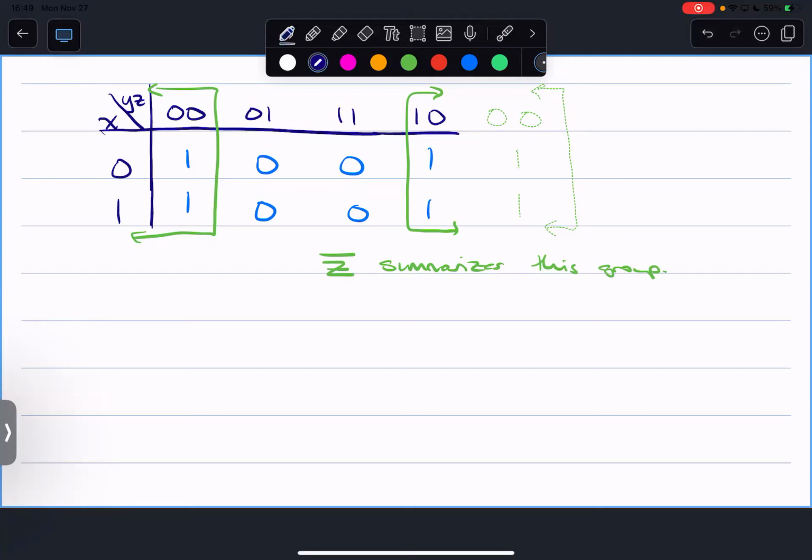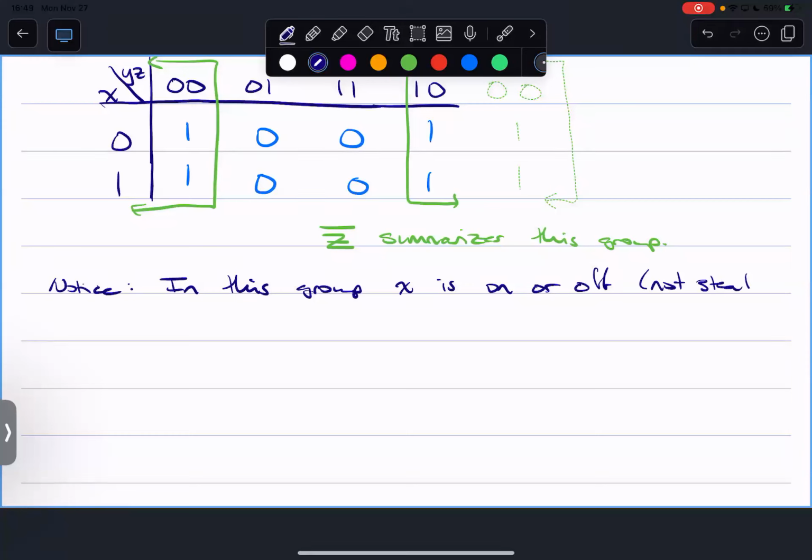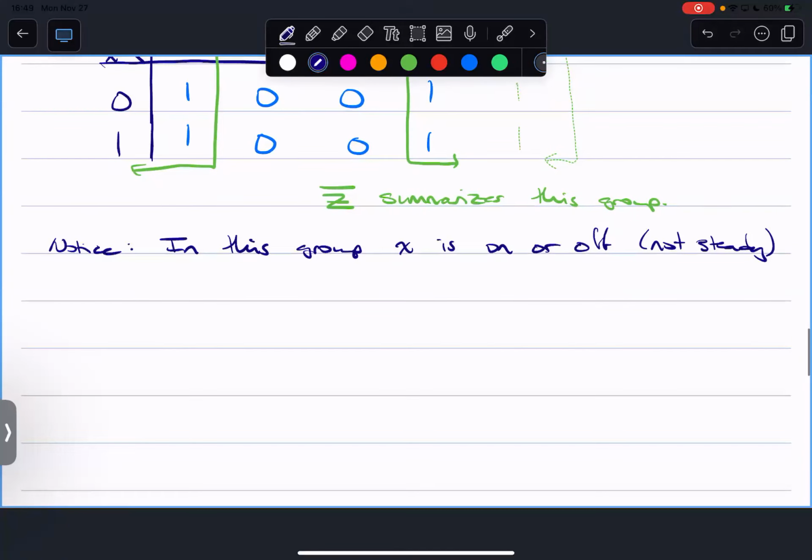Let me write down what we were saying. So notice in this group, x is on or off, which means it's not steady. Y is on or off, not steady.